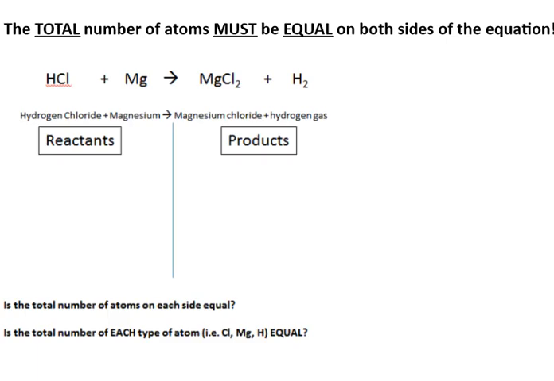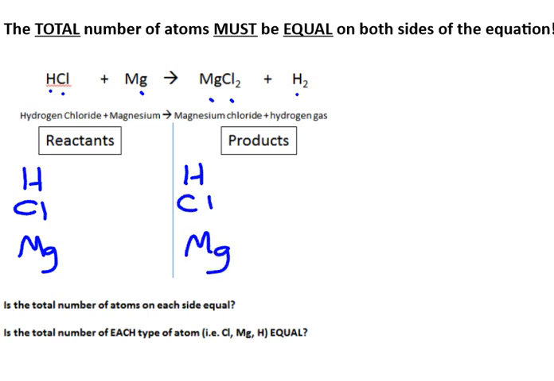Let's check if this reaction is balanced. We start by making a quick inventory to see what kind of atoms are involved. I can see that we have hydrogen atoms, we have chlorine atoms, and we have magnesium atoms. This should be the same on both sides. We should have hydrogen atoms, chlorine atoms, and magnesium atoms.